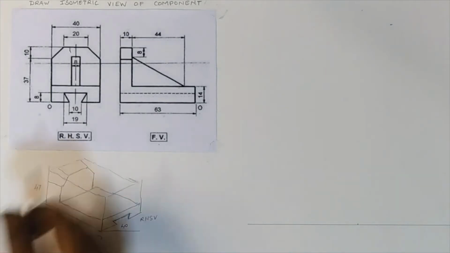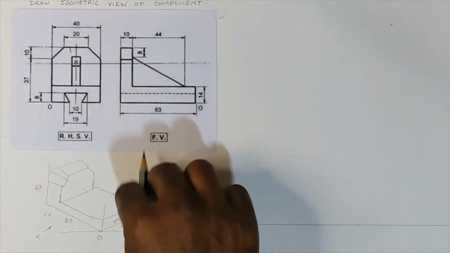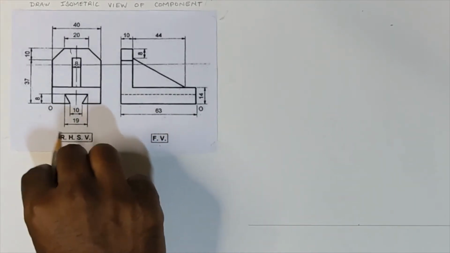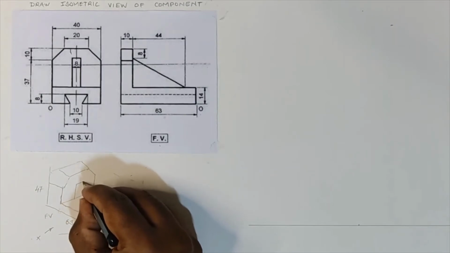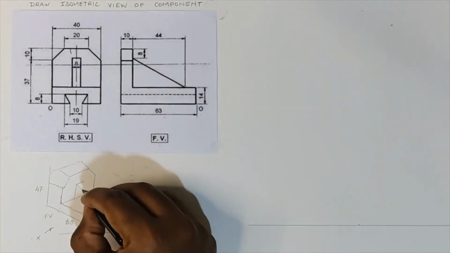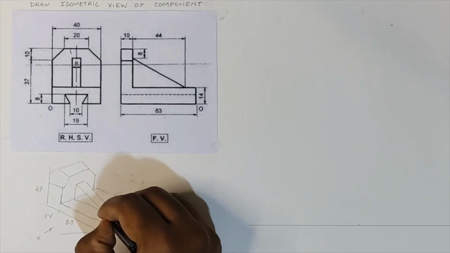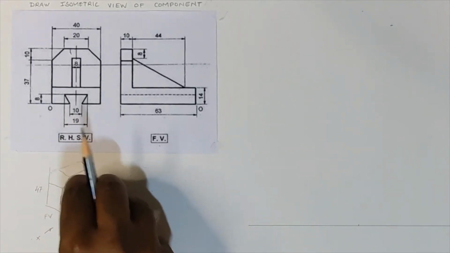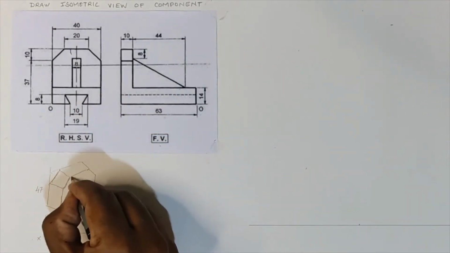I'll complete the base also on the other side and erase the unnecessary edges of the cuboid which I had used for construction. Next I'll draw the triangular part. This triangular part I am drawing from the front view, and in the RHSV I provide the thickness. So this completes the rough sketch of the given problem.